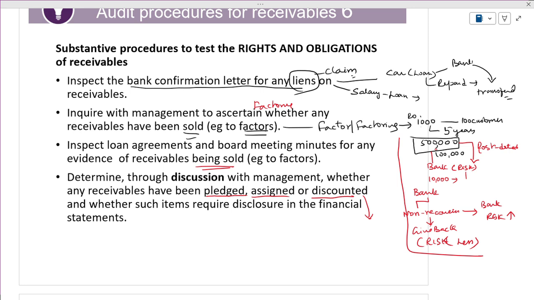They say yes, we are recovering over a period of 5 years. Definitely, when you are recovering over a period of 5 years, the rule says the initial value will be in terms of present value.